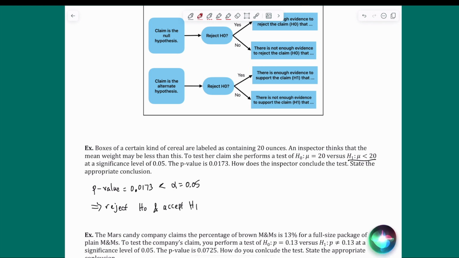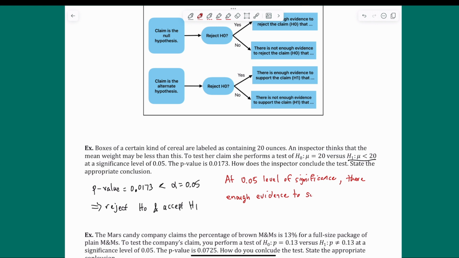So let me write a quick statement here. We might say something like this: at 0.05 level of significance, this could be stated differently as well, there is enough evidence to support the claim, right?